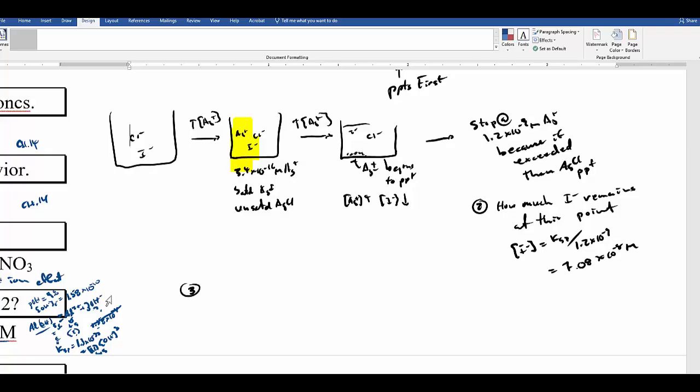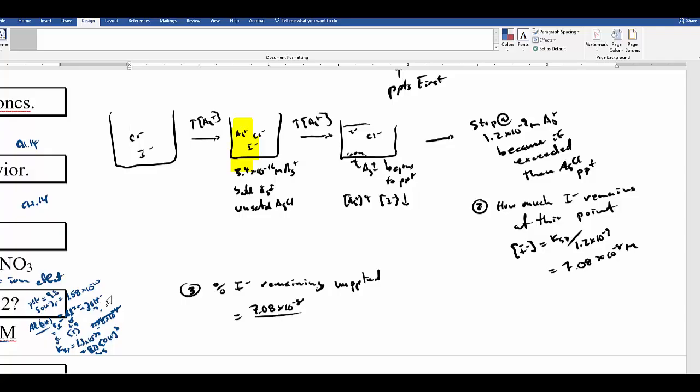The next calculation is what percent of iodide remains. We're going to calculate the percent iodide remaining unprecipitated. We can't precipitate this because then we'll start precipitating both, which we don't want to do. That equals the amount that remains, 7.08 times 10 to the minus 8, divided by the initial.